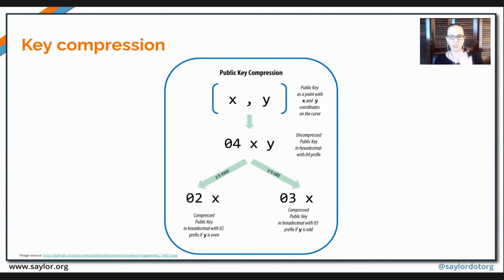And what you can do here is, if you have some bit of information about this, like if it's even or odd, we won't get too in depth with it, then you can derive the second number from the first number, right? So in some situations, you only need to store 1 part of this public key.